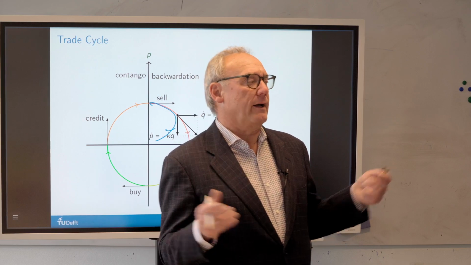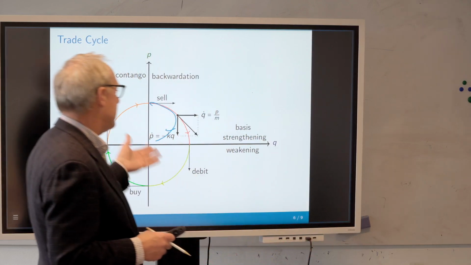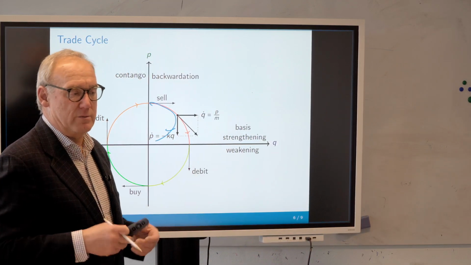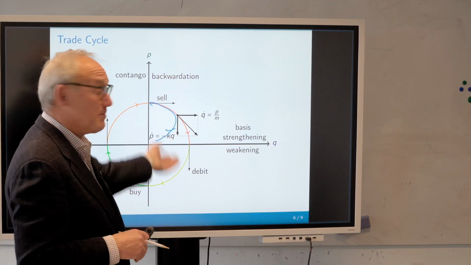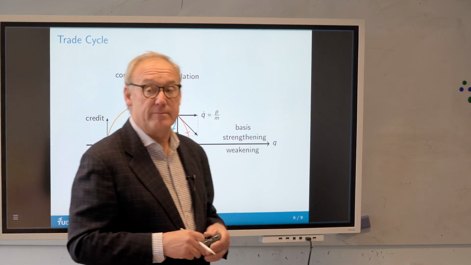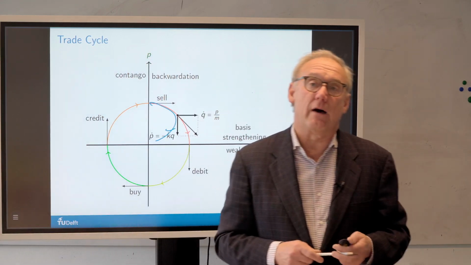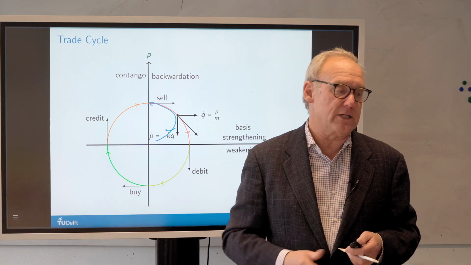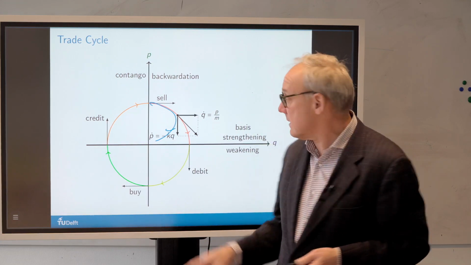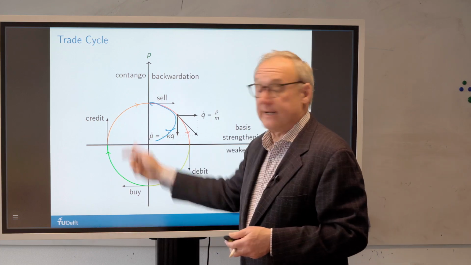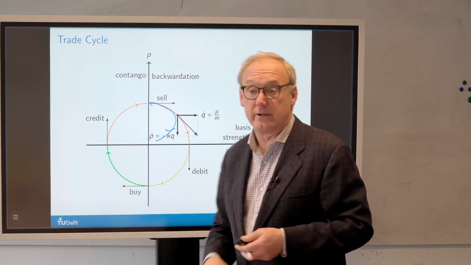Otherwise it would go into contango and switch around as transaction costs fell, and then you get these problems. Now these problems are getting bigger and bigger. Our financial markets are characterized by big fluctuations. We go from credit crisis to credit crisis, then there was the dot-com bubble, and all these bubbles.